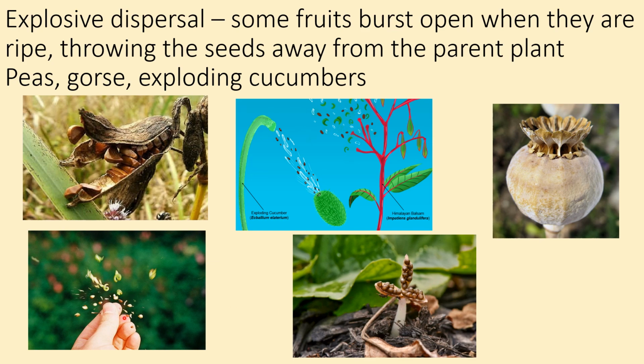And there's somebody bursting a seed pod by hand. And poppies are sort of explosive. When they're ripe enough, you see these little holes. The seeds are actually inside here, and then when the wind blows or somebody brushes past them, it gets knocked and the seeds come out of here. But the stalks are quite tall, so they can be spread away from the parent plant.